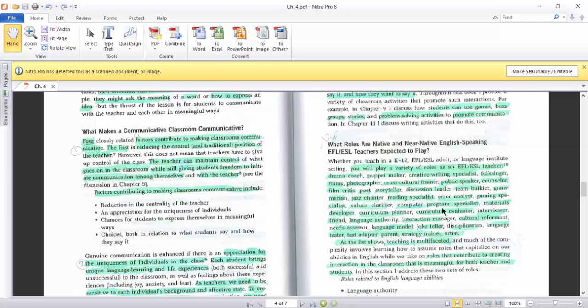So we have many roles that teachers of EFL, ESL should play.